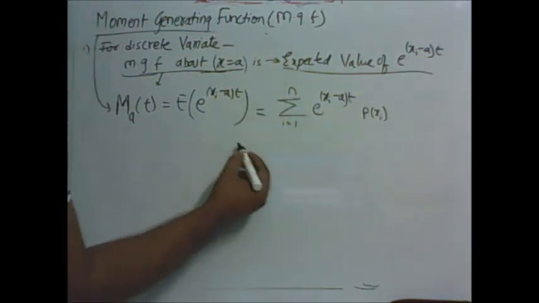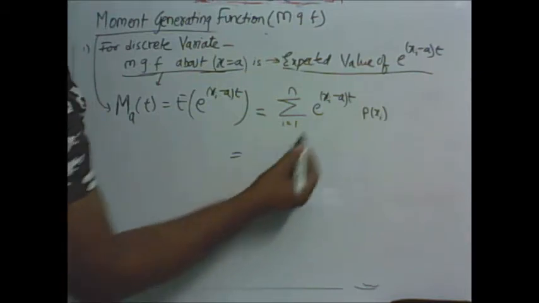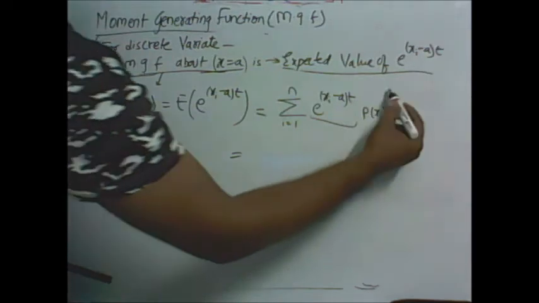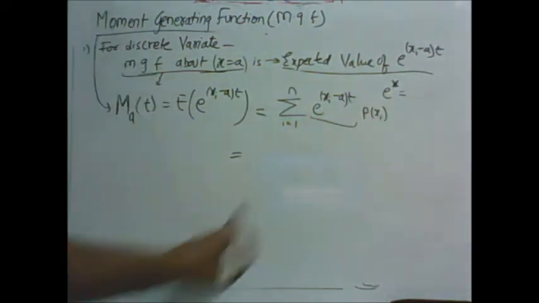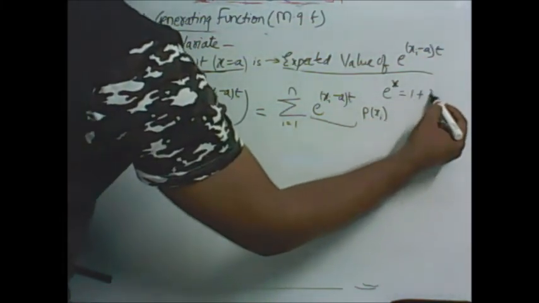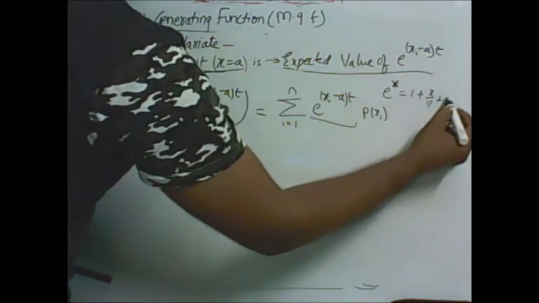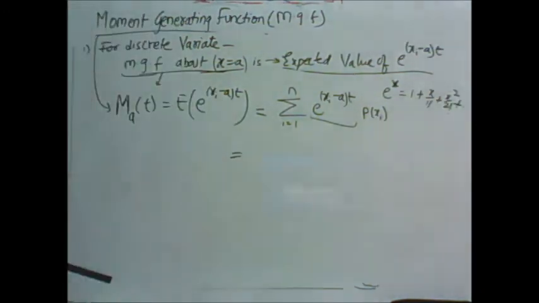You understand from that. Now this one again, from intermediate we will know that the expansion of e power x is 1 plus x by 1 factorial plus x square by 2 factorial plus so on.